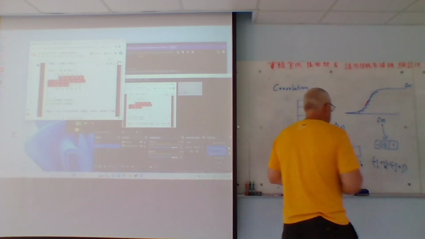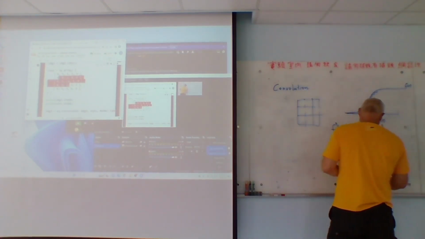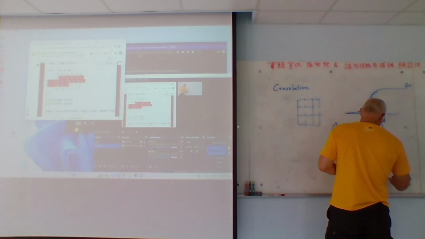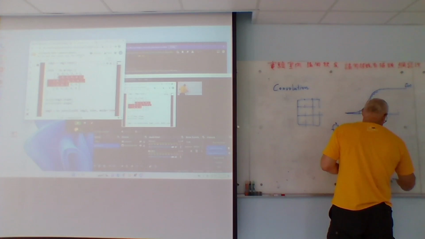So now, if I break that up, then I get minus 1 for the center pixel plus 1, right? Minus is plus 1 for the left one, minus 1 for the center one.